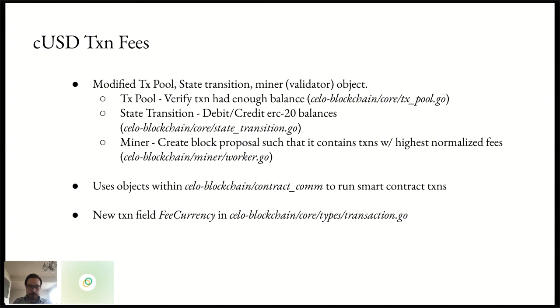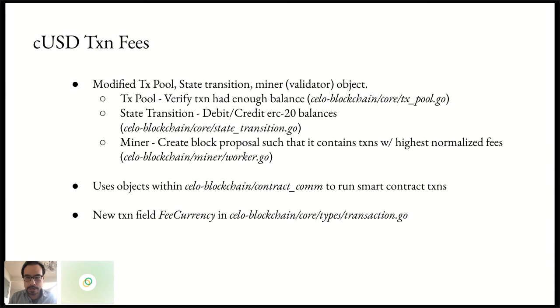Now for the miner object. Normally this object creates block proposals, and we have to modify it so that it creates proposals where the transactions within it have the highest normalized fees.